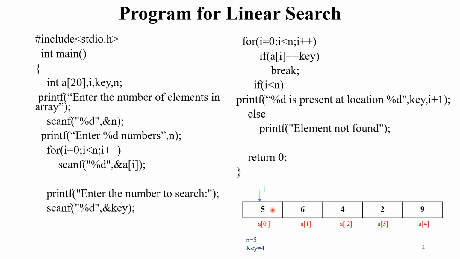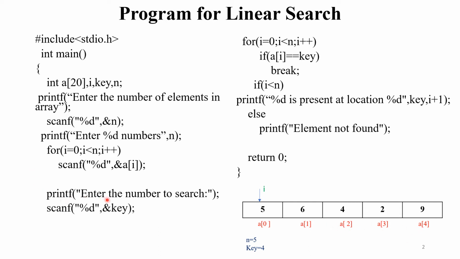So we insert 5 in the 0th index. Now i is incremented by 1. So here a of 1. So we enter value 6 in this index. Similarly, we enter all these values one by one.